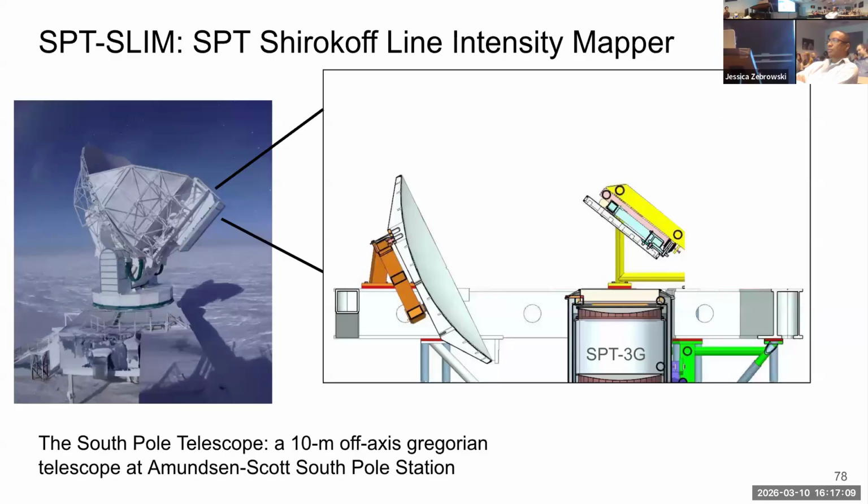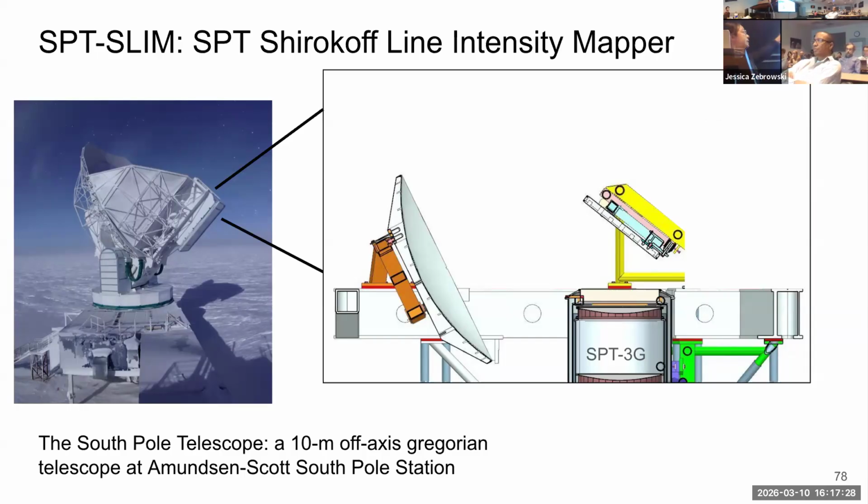So the idea behind SPT-SLIM is you might think, SPT, isn't that a CMB experiment? And you're right. The South Pole Telescope is this 10-meter off-axis Gregorian telescope at Amundsen-Scott South Pole Station. And usually how it has been running there for the last many years is the SPT-3G experiment.